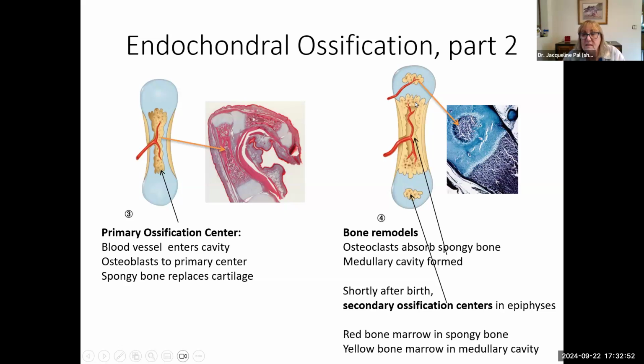So in the spongy bone in the diaphysis, as well as in the spongy bone in the epiphysis, this is where we find our red bone marrow. What happens in red bone marrow? That's where hematopoiesis occurs. Whereas yellow bone marrow is what we find in the medullary cavities of our long bones, in the diaphysis of our long bones.